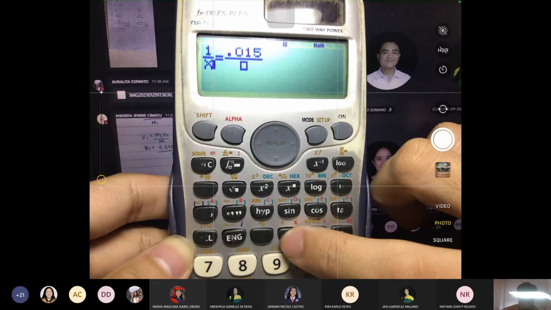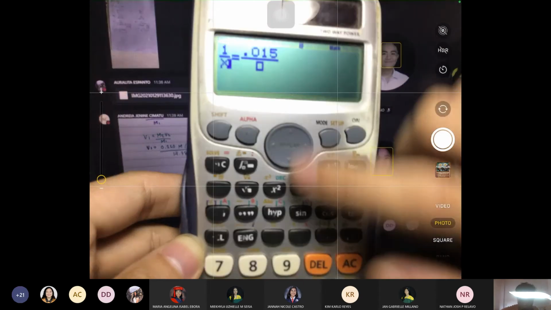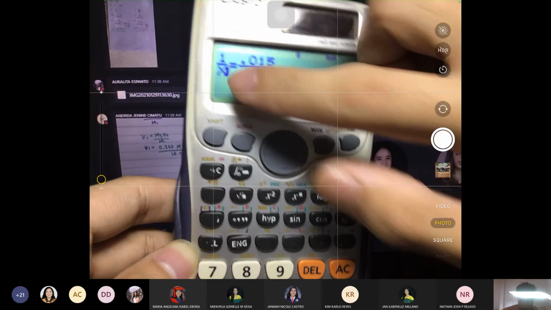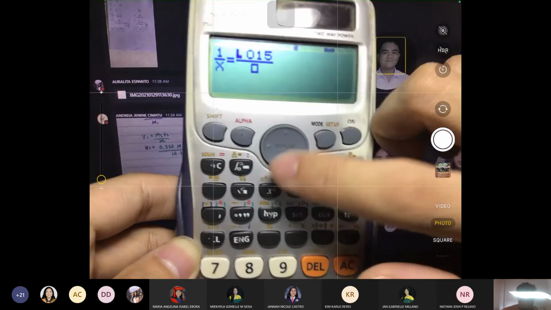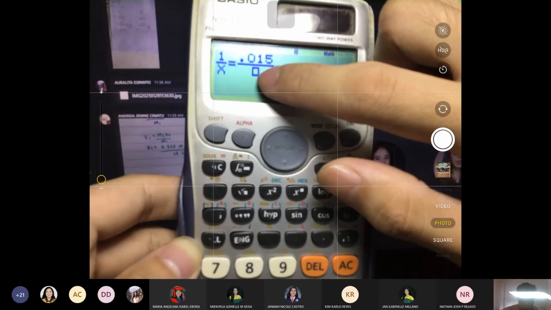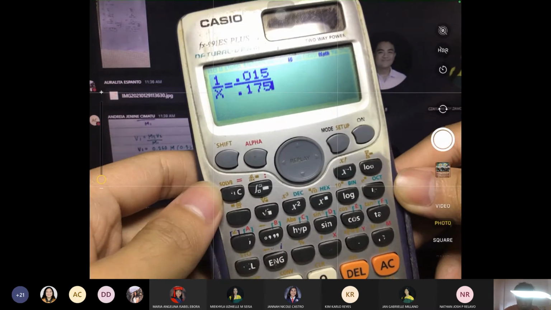Huwag yung multiplication symbol, yung X po na red. Okay? So, X tablet is equal to, lagay mo dito sa baba kung ano yung mass ng tablets na yon. So, 175 grams of iron yan.